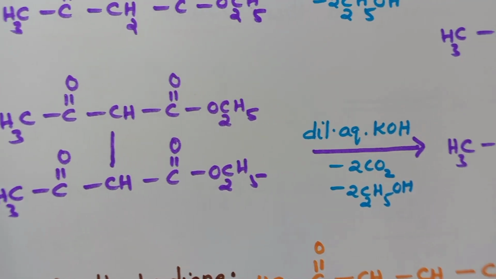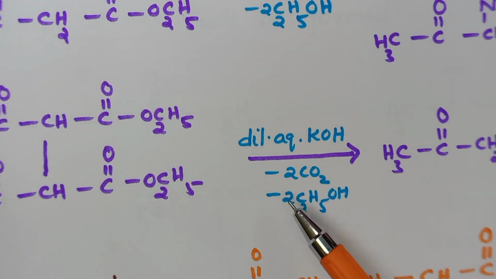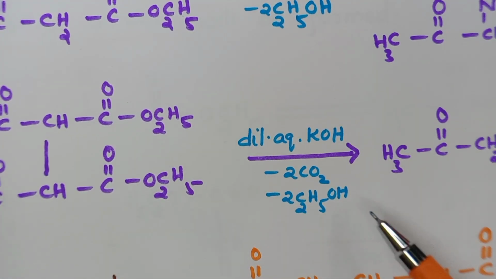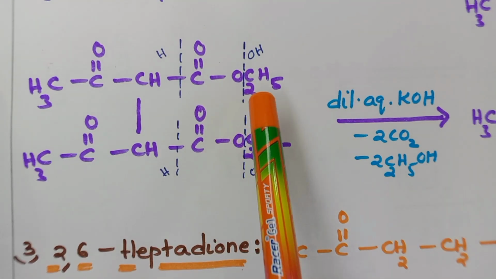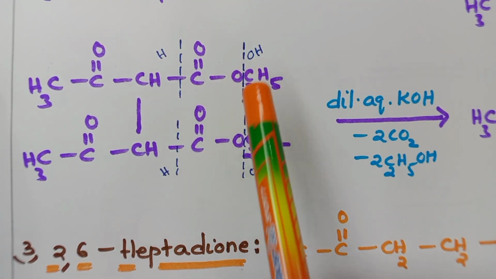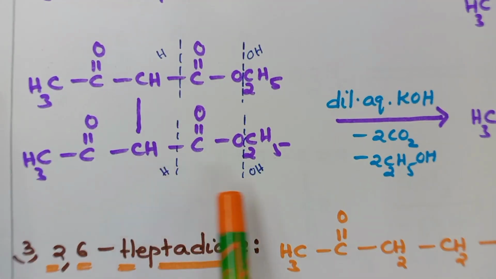Next, on hydrolysis with dilute aqueous KOH, 2 CO2 and 2 C2H5OH will be removed. See here how hydrolysis is taking place. This bond is broken, this bond is broken. Here this is broken, this is broken. HOH, HOH.